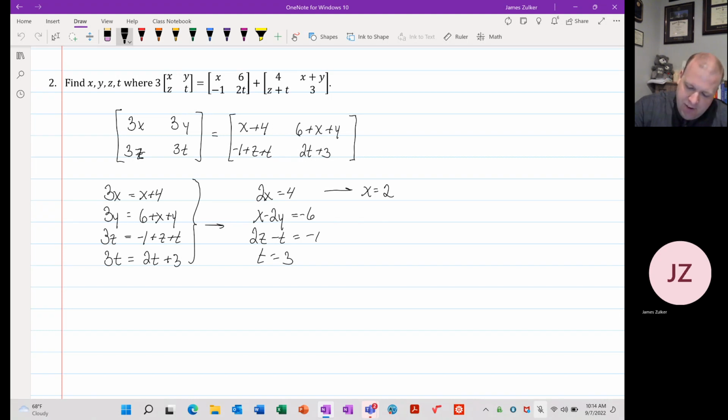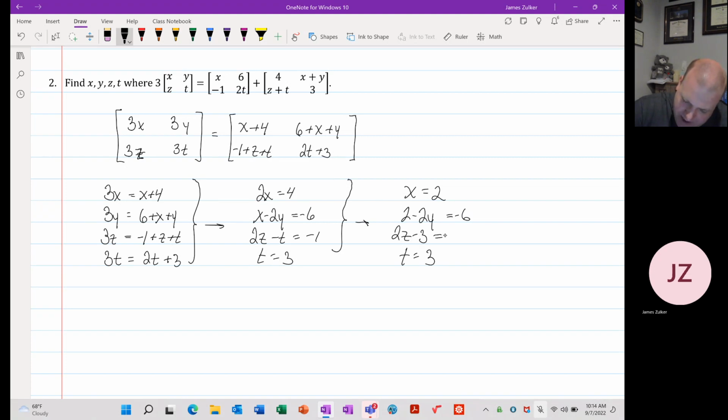So this makes it nice and simple, right? Because now this system will become, since x is equal to 2, we now get 2 minus 2y has to be -6. Now we know that t has to be 3.